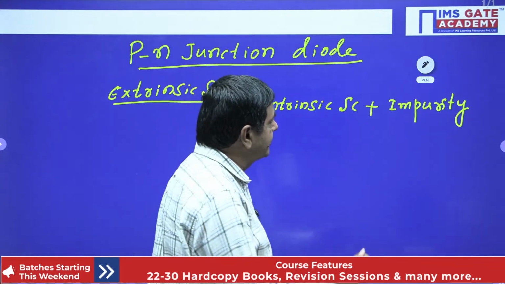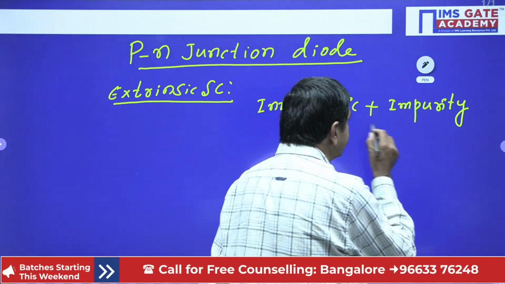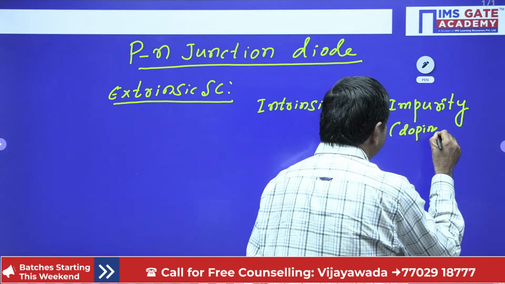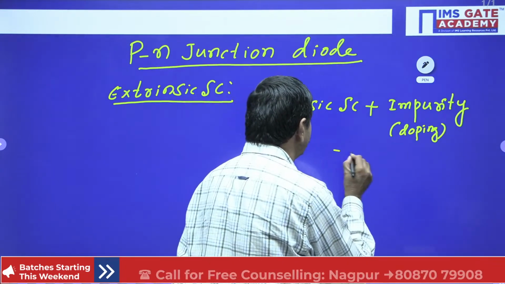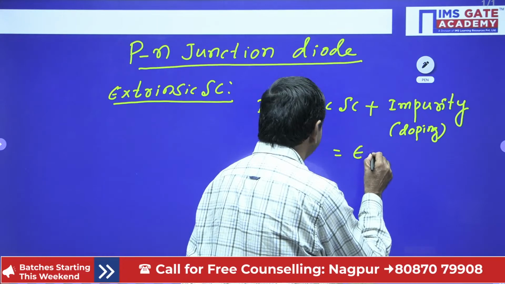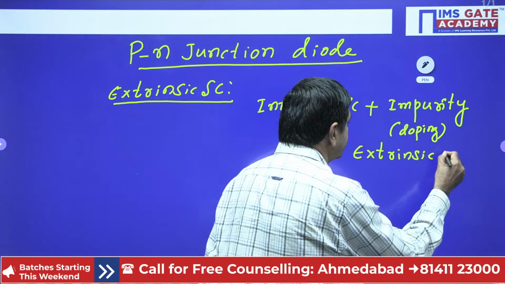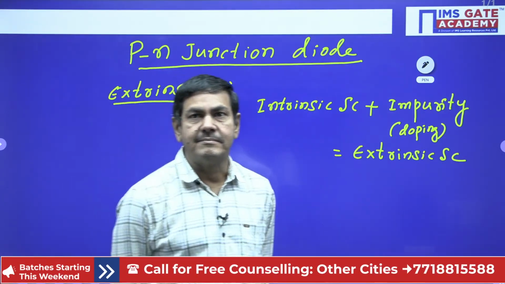Doped means just added here. Impurity, this is nothing but the doping we can call. Doping of atoms will be done. Then extrinsic semiconductor is available. Sir, what is the doping?